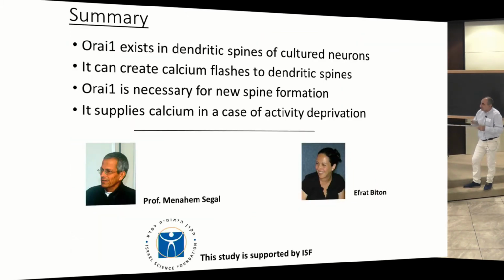I mean, ORI is important for spine creation, new spine appearance, and it's functional, and it can bring calcium, and STIM can appear in some spines without having calcium stored inside. And finally, my main collaborators, Menachem Segal, lab technician; most of the work was done just by us. Thanks for your attention.